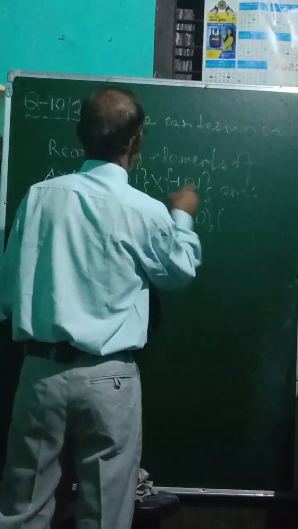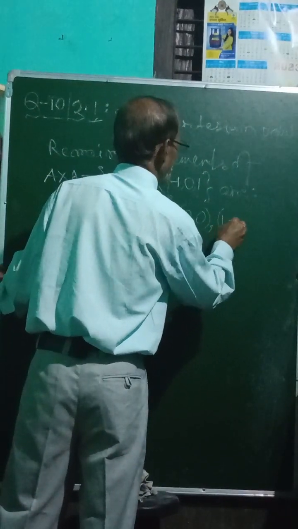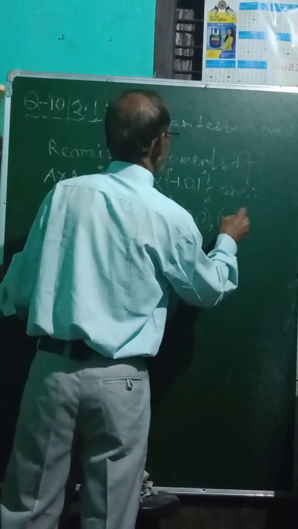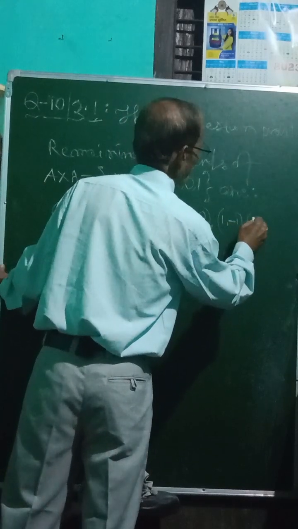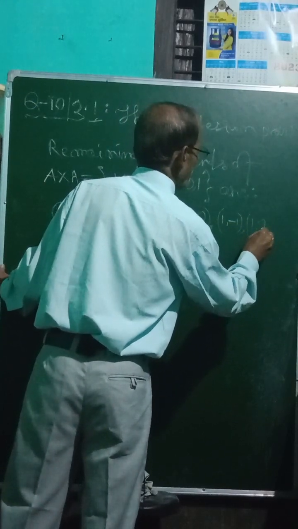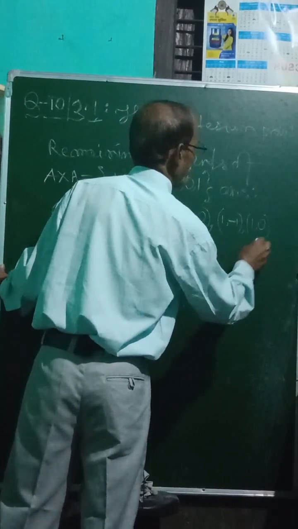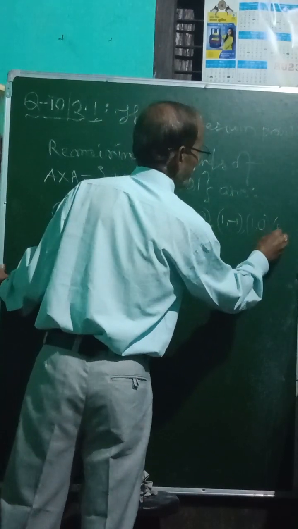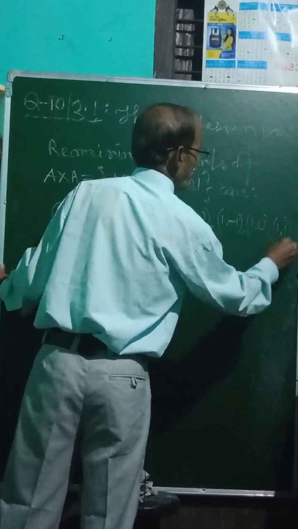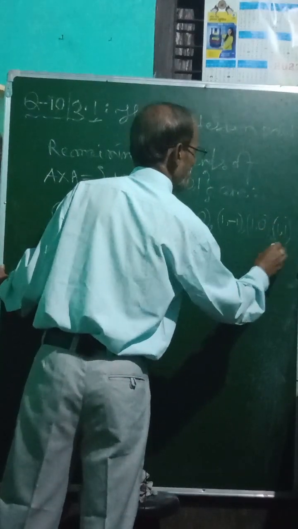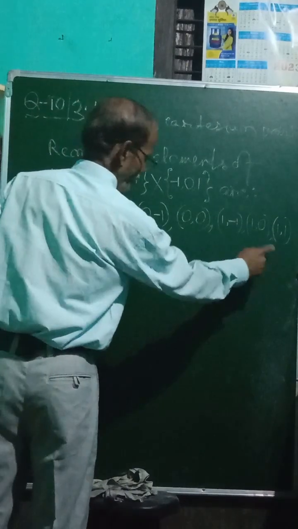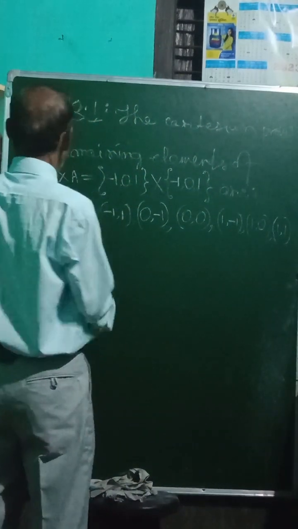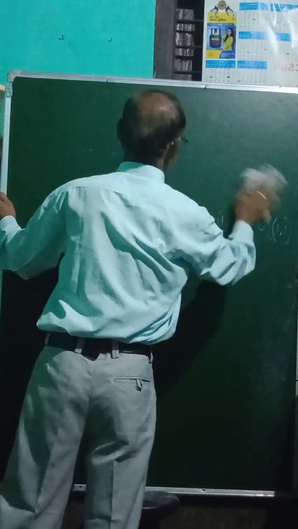Then come to 1: (1, -1), then (1, 0), (1, 0) was not given, and then (1, 1). So you are getting 1, 2, 3, 4, 5, 6, 7. These are the remaining elements.